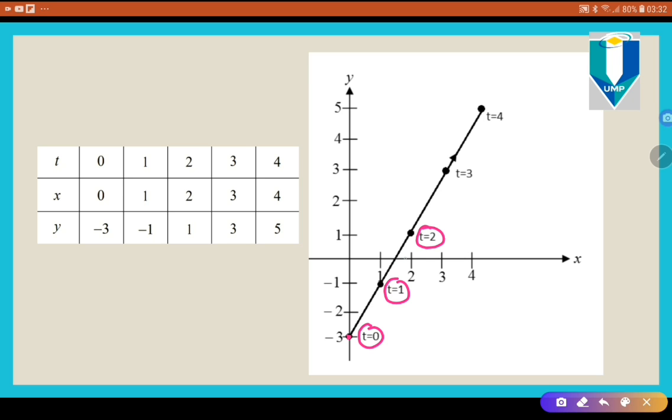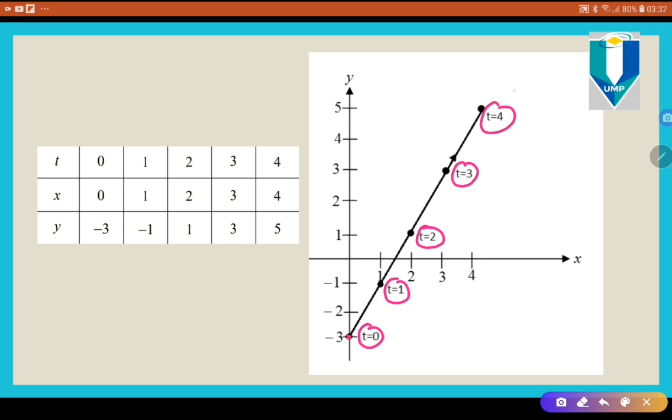When t is equivalent to 2, we have that point here. And when t is equivalent to 3, we have 3, 3. Okay, the point 3, 3. And when t is equivalent to 4, we have the point 4, 5.